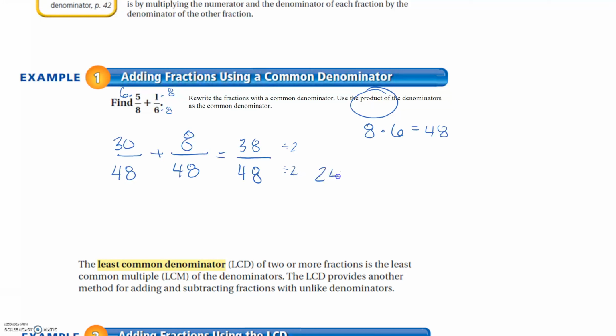So I get 24, and half of my 38 as well, which is 19. So my answer is going to be 19/24.